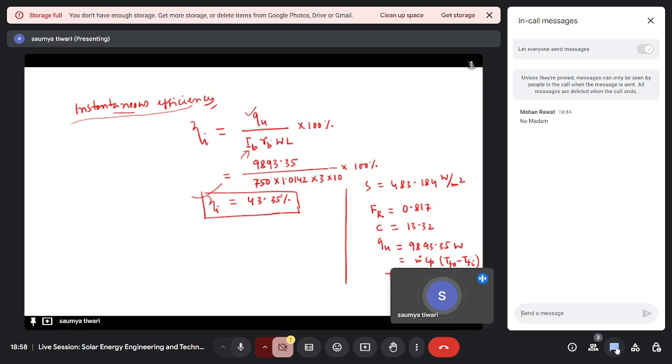Your output is your heat utilized, and input is whatever flux we are receiving. So it will be Ib into Rb into your area, which will be W into L, right? So you can calculate the instantaneous efficiency, which will come to be 43.35%. So these are all the important parameters that you need to calculate while designing solar concentrating devices.